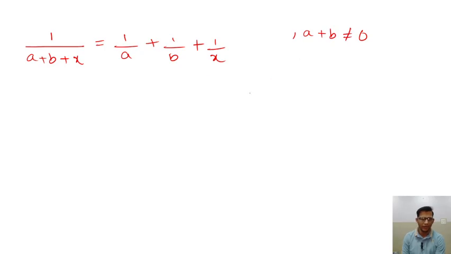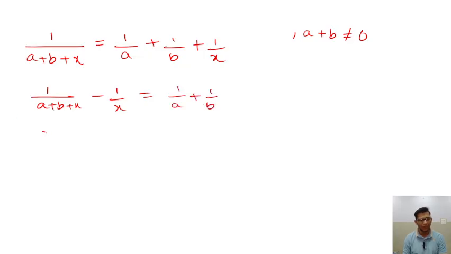Okay, so how can you solve this type of equation? First, bring the variable to one side and the constants on the other side. So I can write it as 1 by a plus b plus x minus 1 by x equal to 1 by a plus 1 by b. Okay.